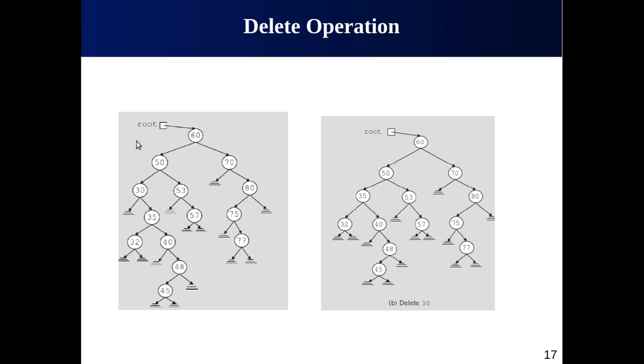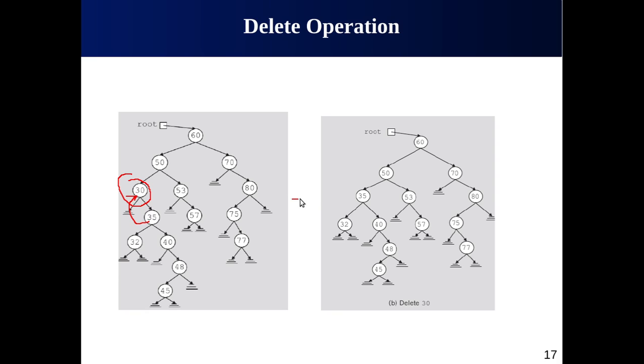To do so, we can see that this 30 is the left child of 50. Once we delete this node, which is the left child of 50, it will be replaced by this 35, which is the right child of 30.